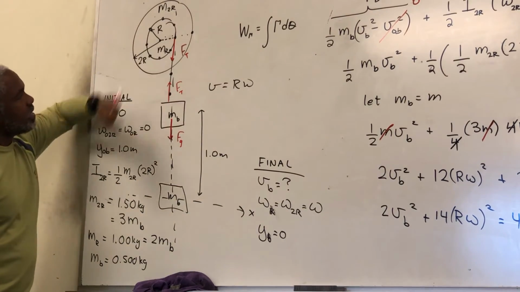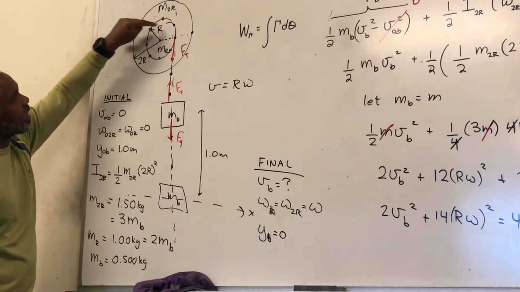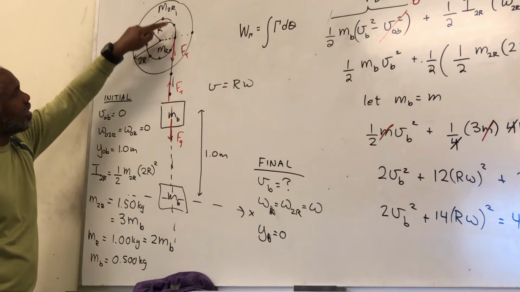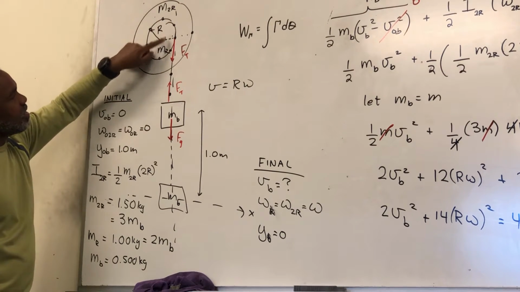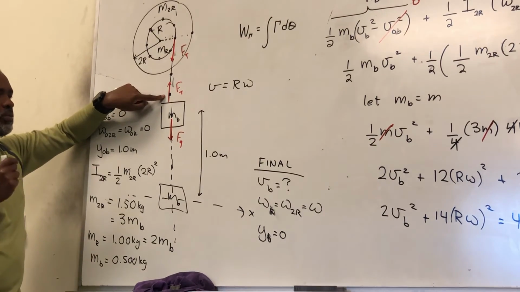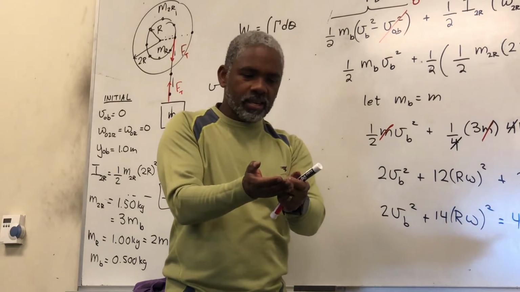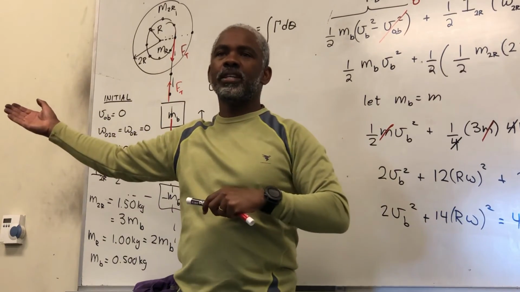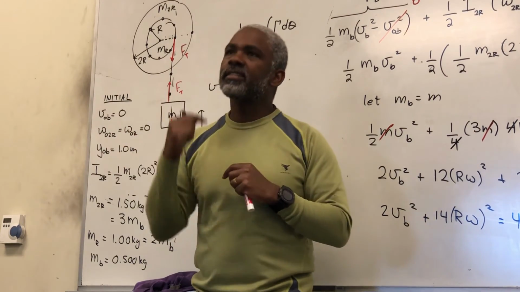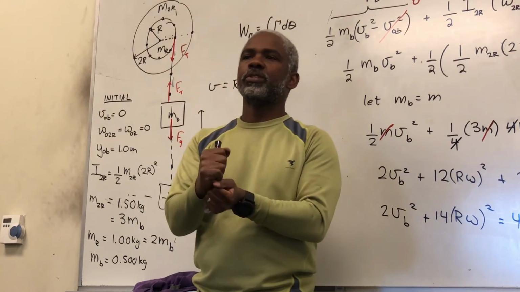Why R omega is the speed of the block, and why we can connect it to this disk, is because the speed of every point on the perimeter of this disk is the same as the speed of every point on the string. I wanted you to go through that exercise because it's very common to get a problem saying, oh, R omega, this speed must be the same as that speed, and in some of those situations, you'll get it wrong. So at least think about what objects this speed corresponds to.